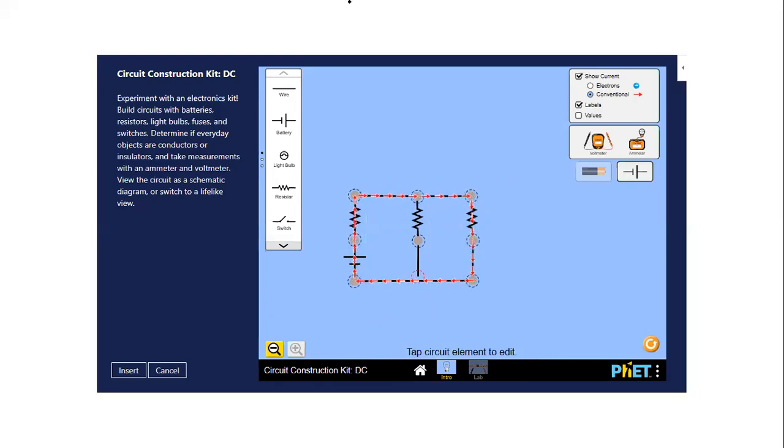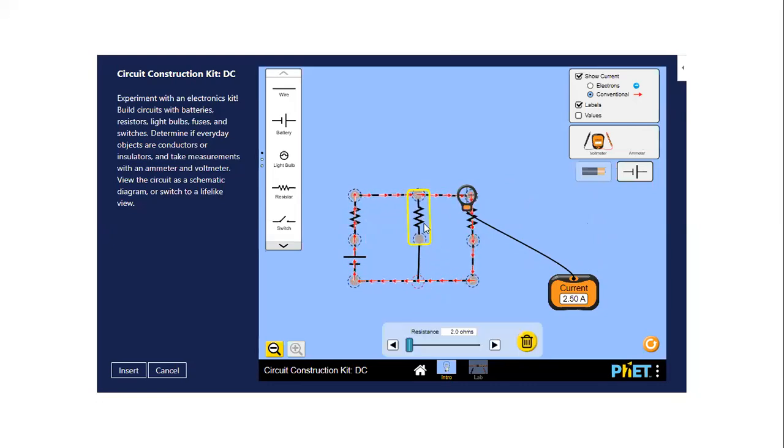Okay. Now, if I take an ammeter, how much current does this take? This branch is not connected, right? Why is the current not flowing through this branch? I don't know, not properly connected.